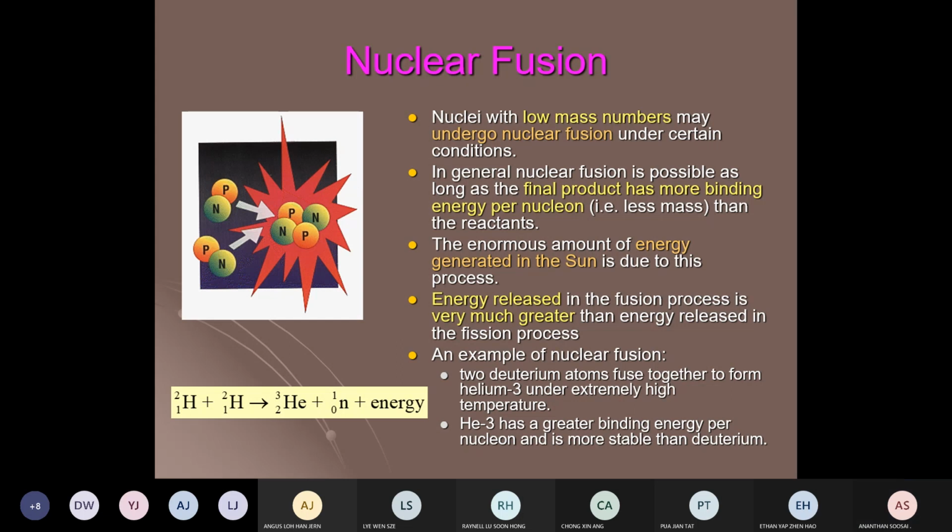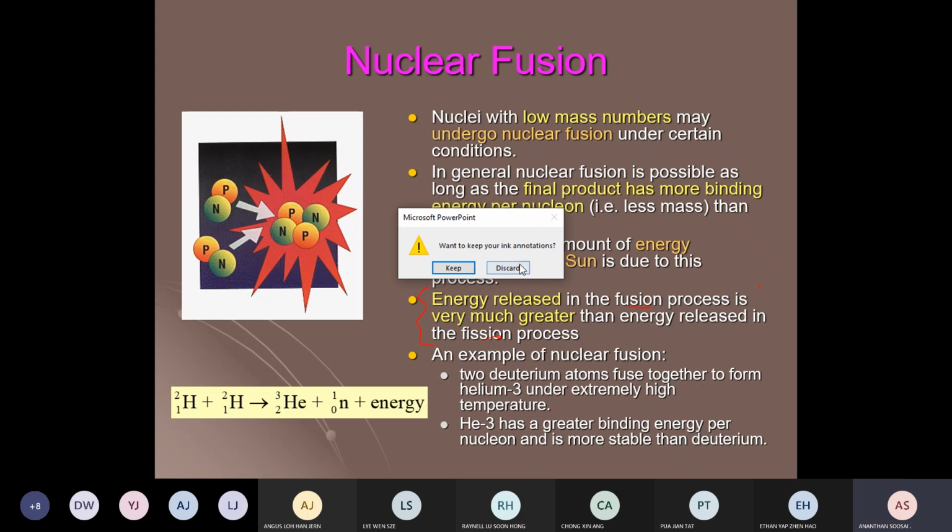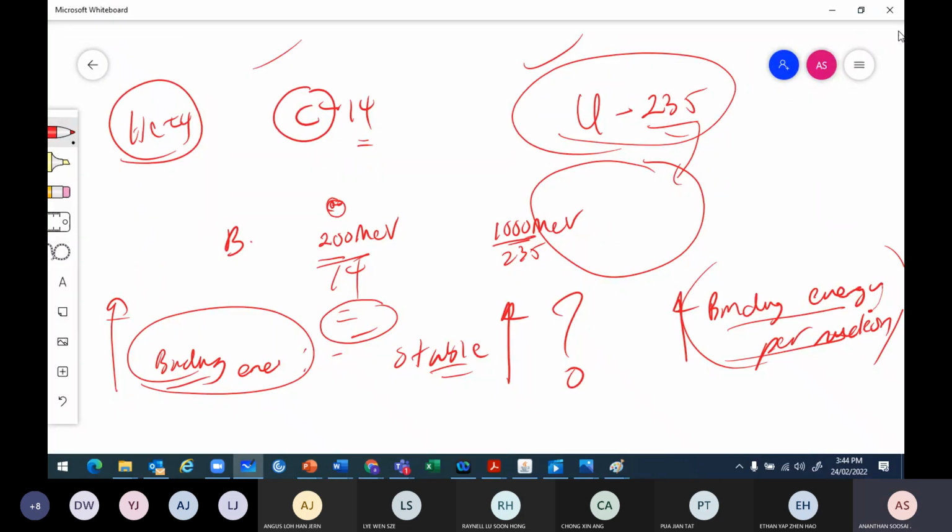So the energy released in the fusion process is very much greater than the energy released in the fission process. This is a fact to remember. The energy released in fusion is always greater than that in fission. Why?